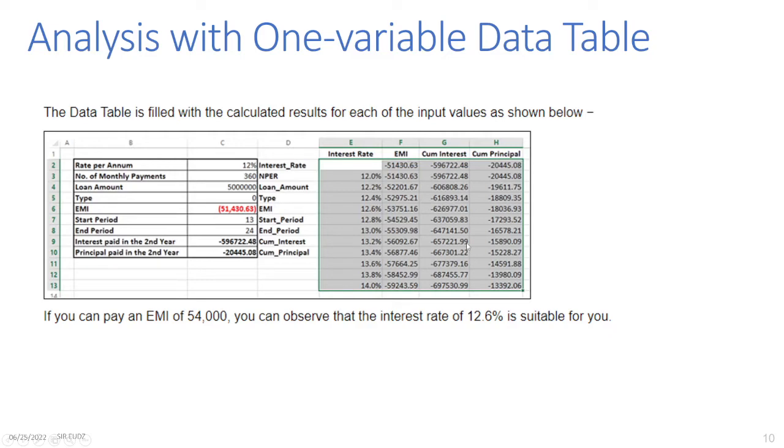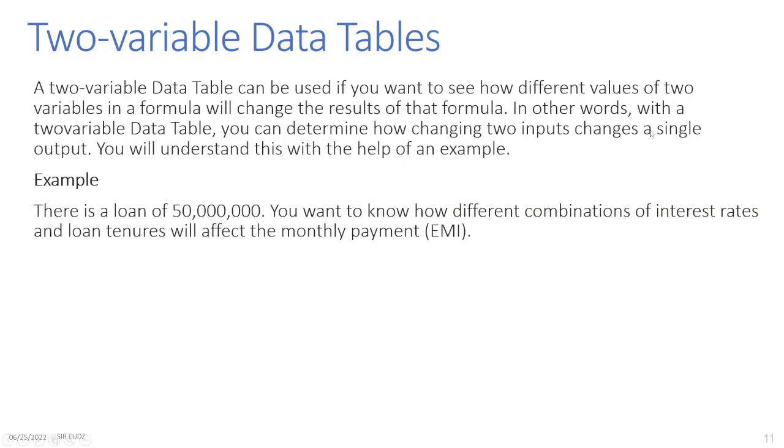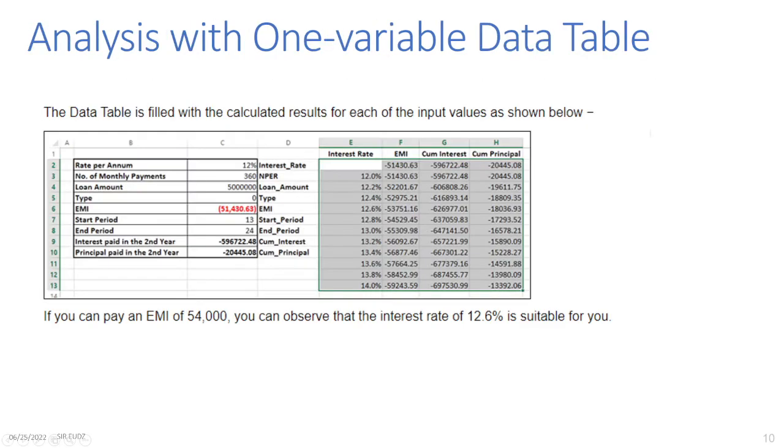So if you can pay an EMI of 54,000, let's say my maximum is 54,000, you can observe that the interest rate of 12.6% is suitable for you. So that is now for the one variable data table.